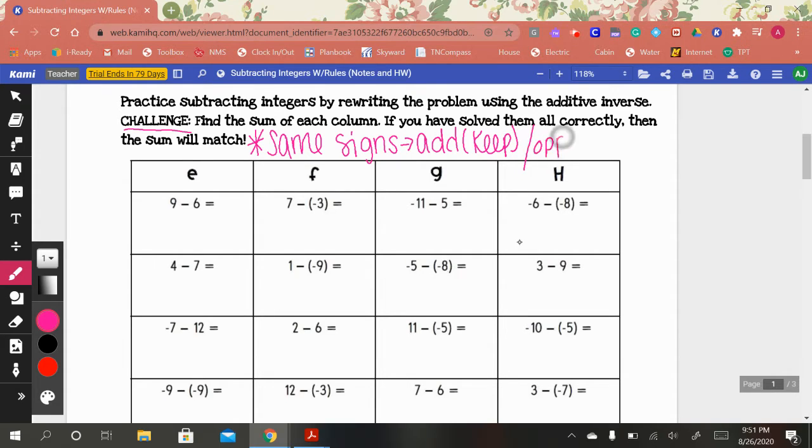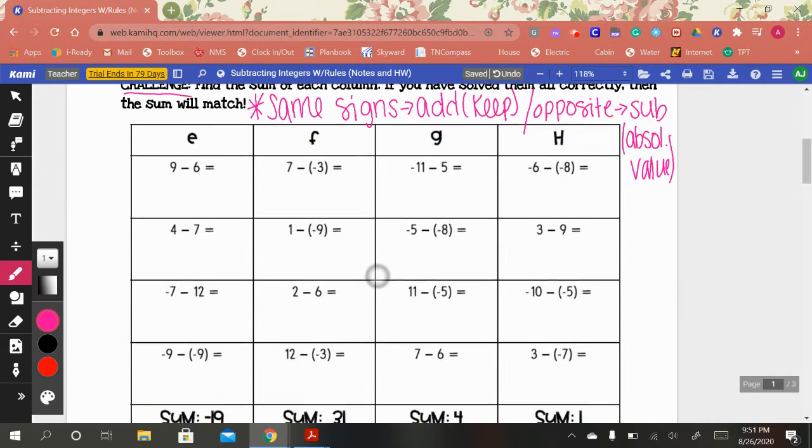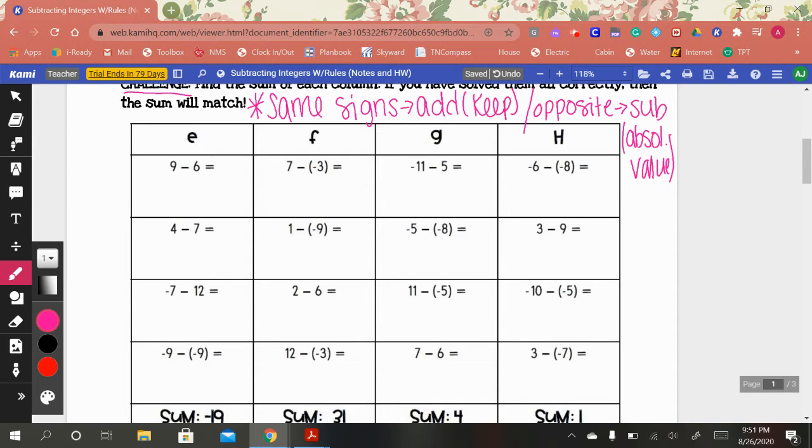When we have opposite signs, we will be subtracting and using absolute value. Of course, we're going to do so many examples that everybody should catch on. So same signs, add and keep the sign. Opposites, we are going to subtract and use absolute value to decide if it is positive or negative.